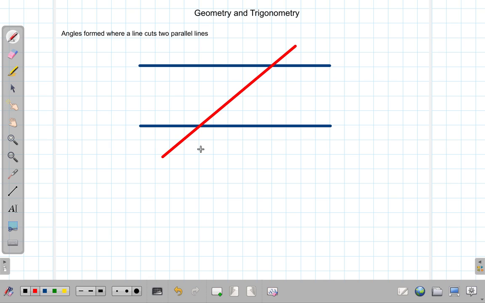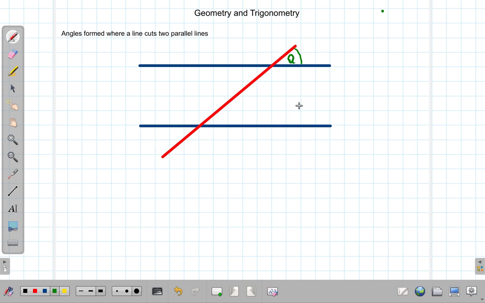Here, let's say that this angle we call A, angle A. Now, we also have another angle that is equal to angle A. In fact, I'm able to see three other angles that are equal to angle A. Are you able to identify what these angles are?